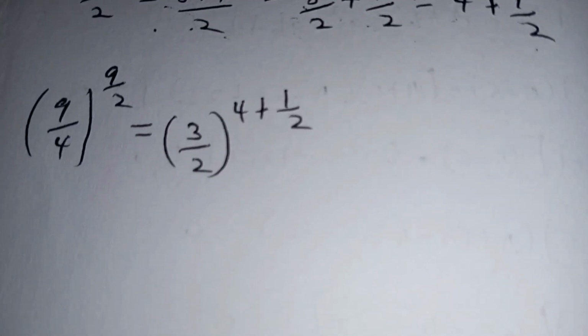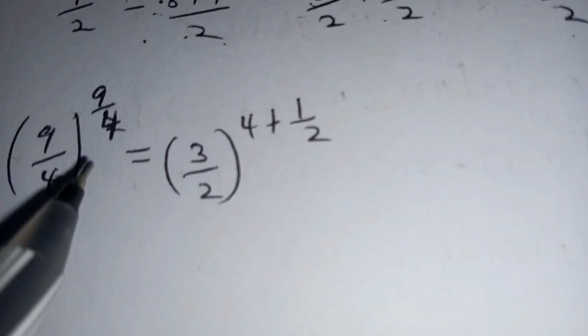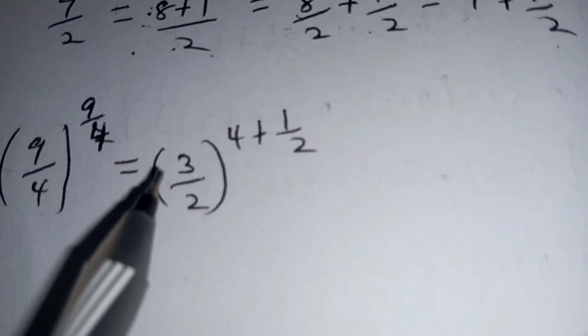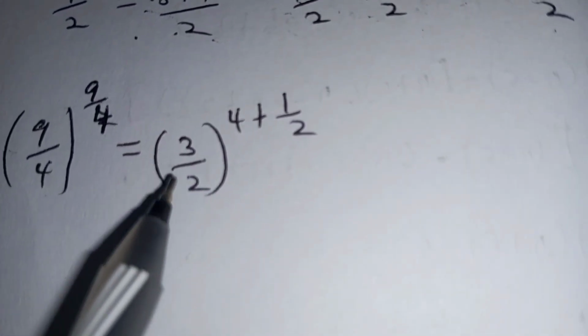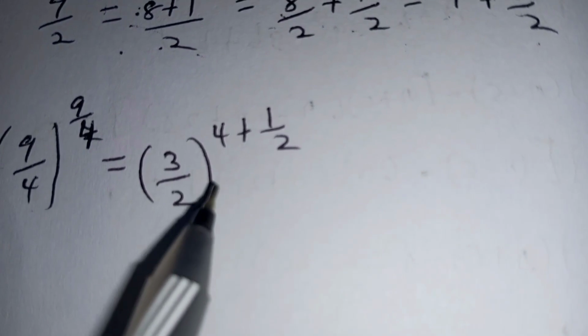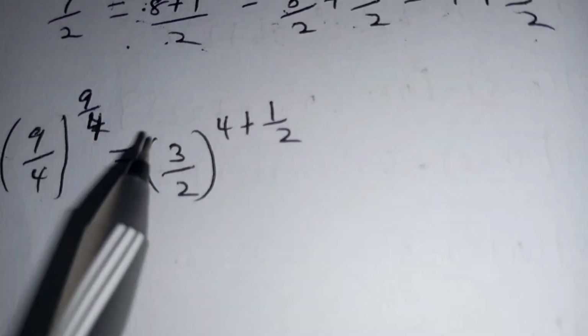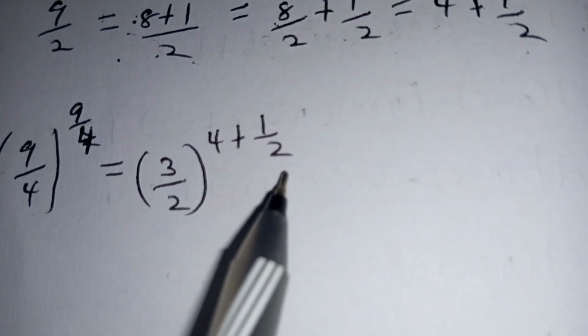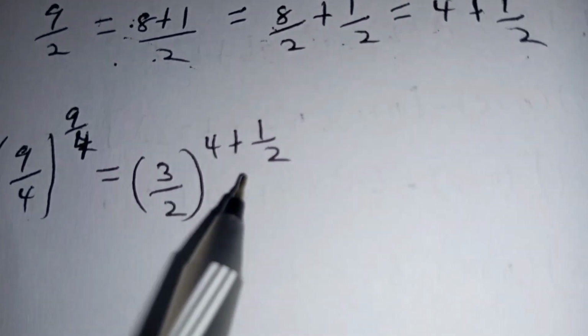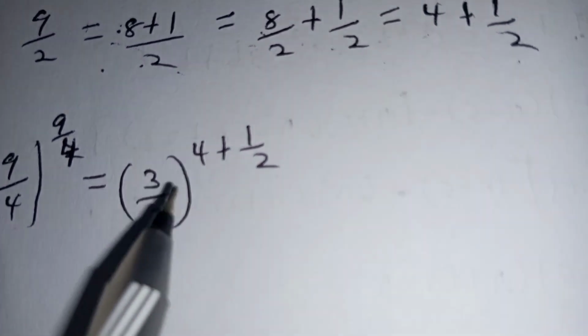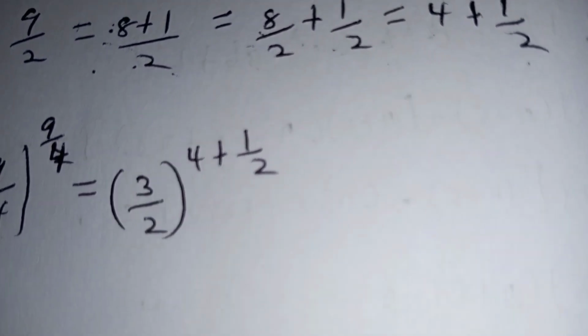So after the above simplification, the power 9 over 4 can be written as (3/2) to the power 4 plus half. Note that 4 plus half is the same as 9 over 2.